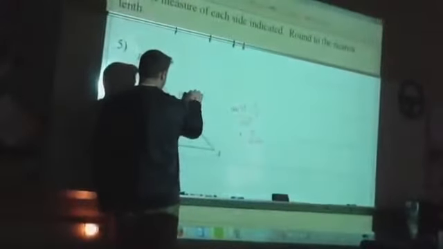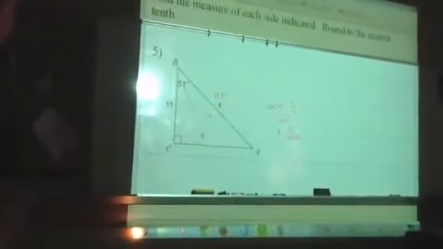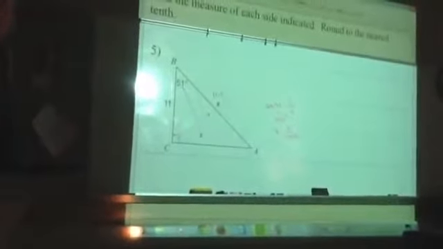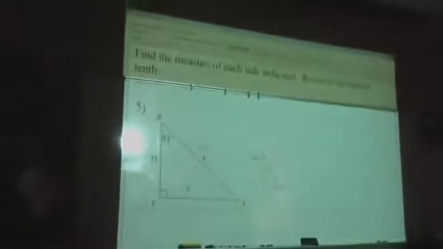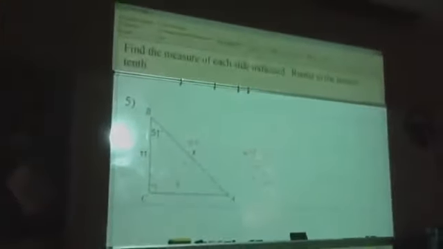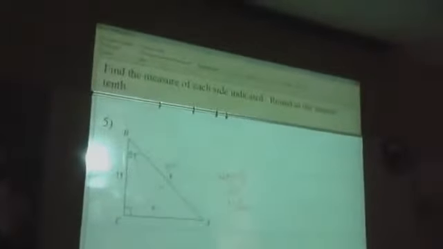So x is 17.5. Questions on this one? This is the only one that's been even remotely difficult because x is in the denominator. Anybody understand that when x is in the denominator, you have to swap your cosine, whatever trig function you have, with x? Just swap them.